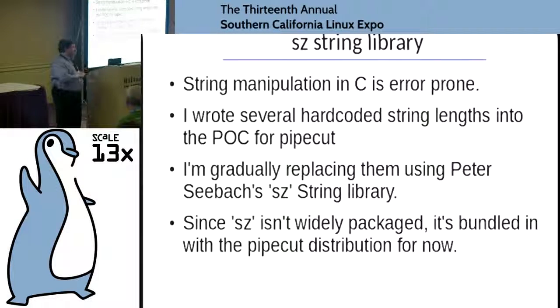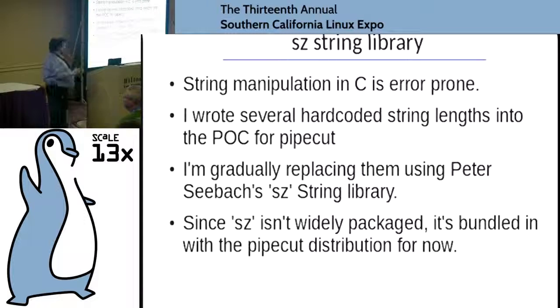When you get criticisms of C as an insecure programming language, people are usually primarily talking about buffer overflows, and the bad string handling is problem number one. Why is it null terminated instead of being length counted? So Peter Seebach's SZ library is length counted, and so I'm trying to switch everything in Pipecut to use that internally. I'm only partway done, but I'm happy with what it's doing so far.